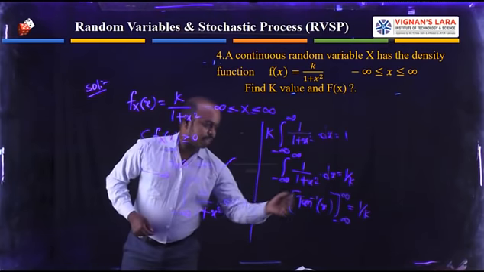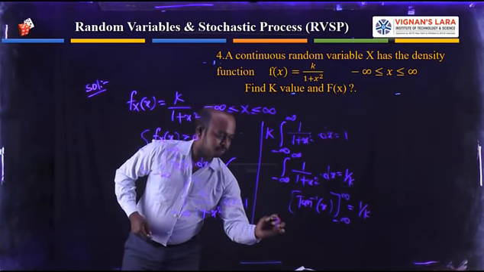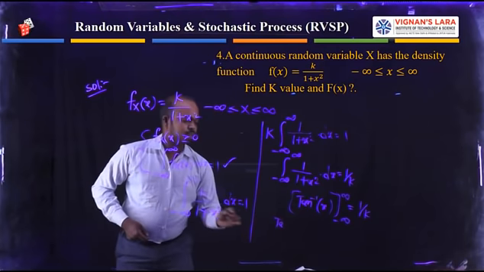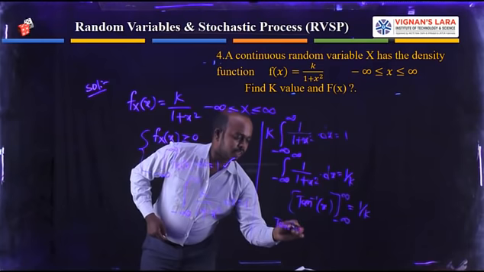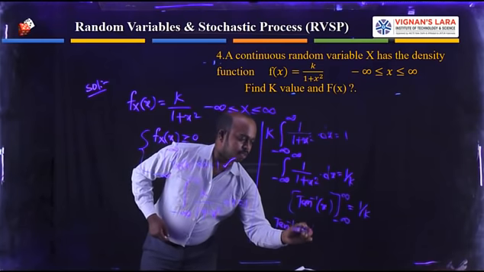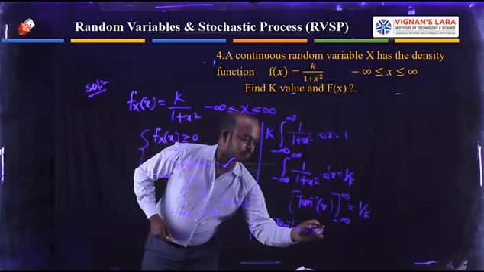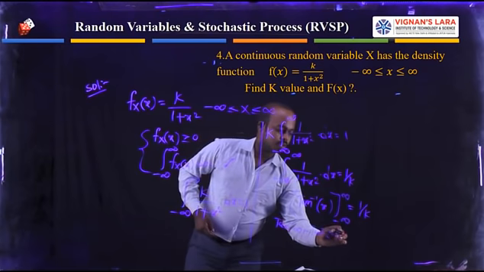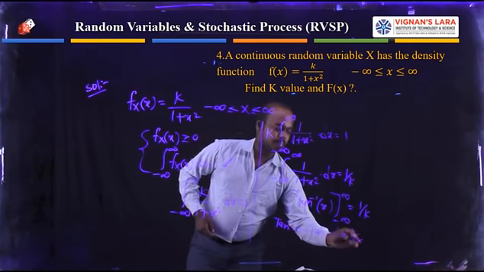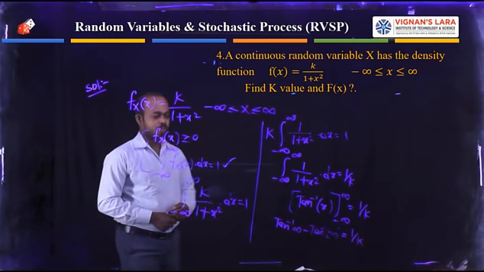Here I am taking tan inverse of plus infinity minus tan inverse of minus infinity is equal to 1 by k.